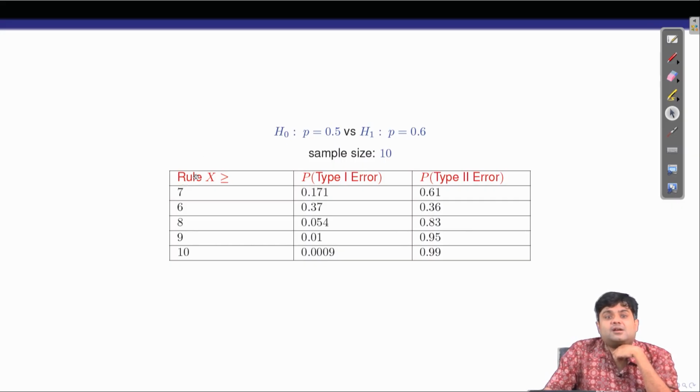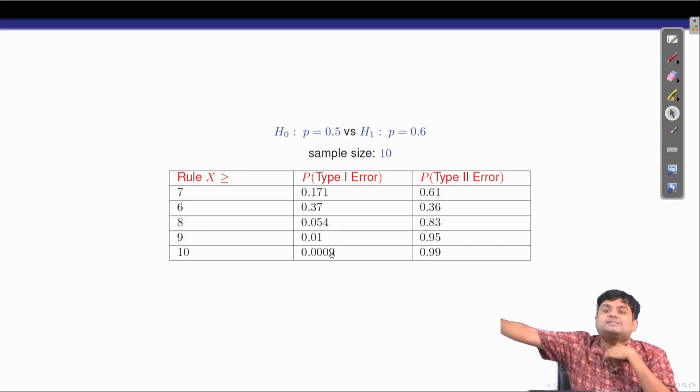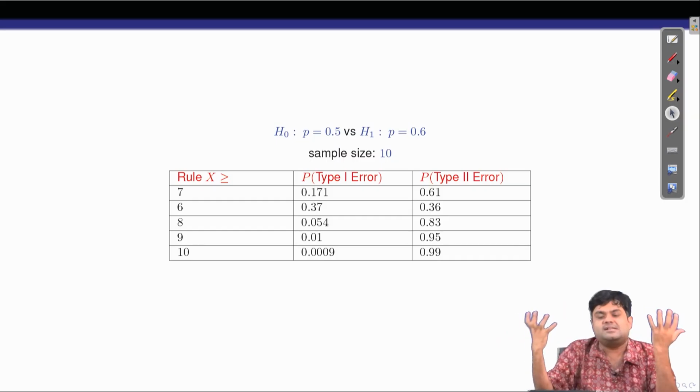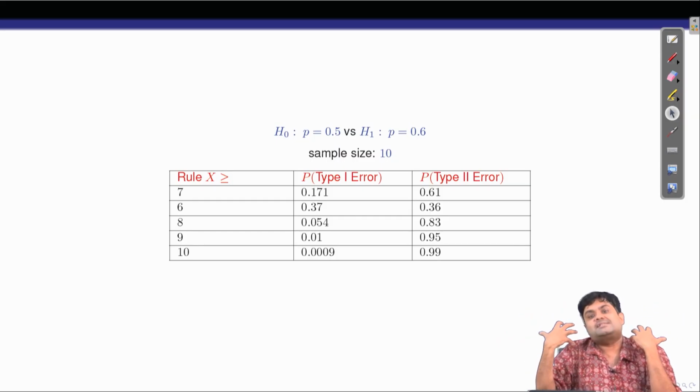Now, notice, compare 7 and 8. What are you really doing? You are rejecting when x is greater than or equal to 8, that is, you are even more protecting the null hypothesis. So, the more you protect the null hypothesis, the type 1 error keeps going down, because you are rejecting the null hypothesis for a smaller region. The null hypothesis is almost sacrosanct.